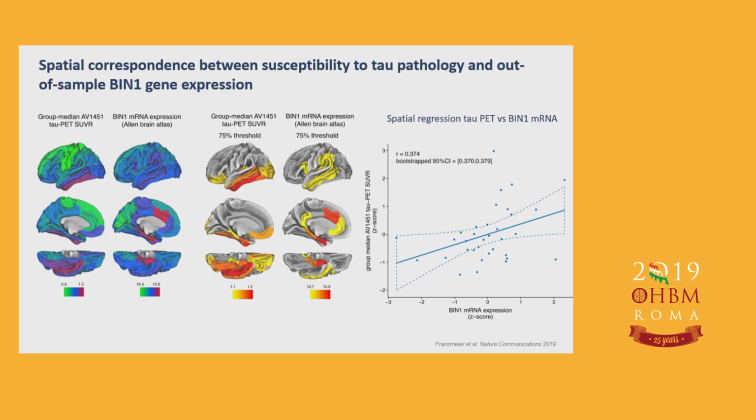On the right column, the mean expression, and then the next two represent a mapping after thresholding. And when doing a spatial correlation between the tau PET uptake map and the gene expression map of BIN1, we see a significant correlation suggesting that there is a spatial overlap between BIN1 expression pattern and tau PET.